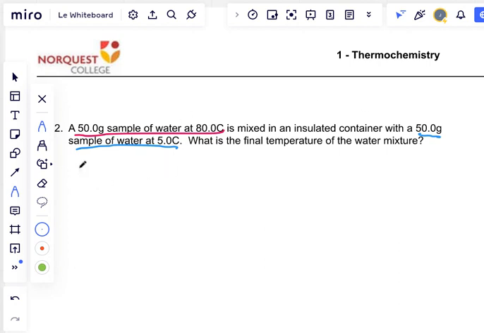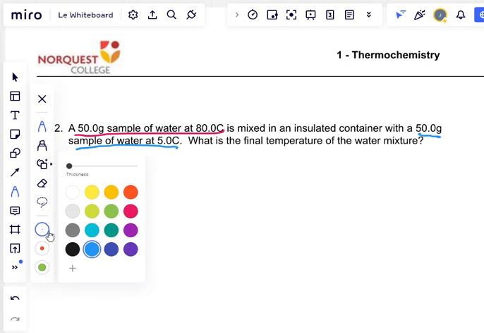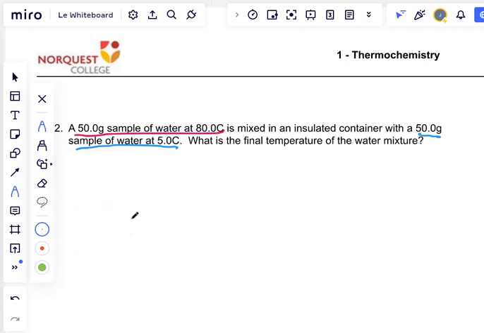But let's do this algebraically the way we're supposed to, because then we can give you uglier numbers and you'll be able to handle it. So if we break this up like any other heat lost equals heat gain problem, there are two things happening. We have hot water cooling down, and on the other side we have cold water heating up.